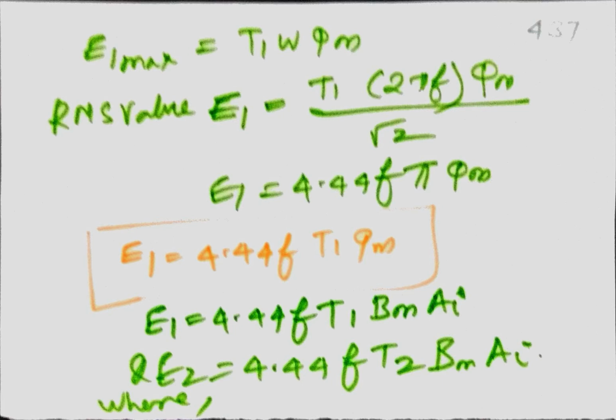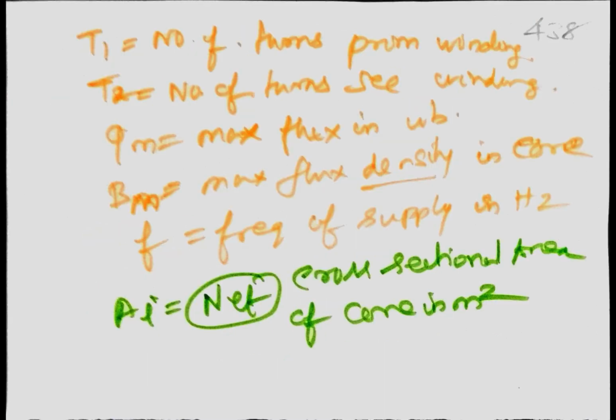RMS value E1 is equal to T1 2π f φm divided by root 2. E1 is equal to 4.44 f φm, that is, E1 is equal to 4.44 f T1 φm, which is 4.44 f T1 Bm Ai. T1 is number of turns of primary winding.